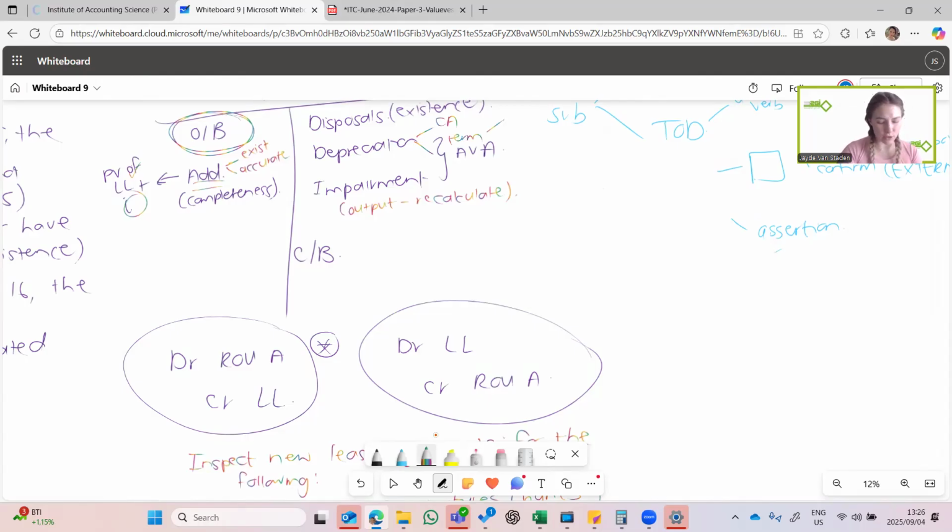And that is usually, I think, the shorter of the useful life of the asset and the lease term. So we, as auditors, are going to need to make sure that they have used the correct term, because otherwise their depreciation is going to be incorrect. Same thing with impairment. We have a carrying amount, which we would have tested, but then we're going to have our recoverable amount.